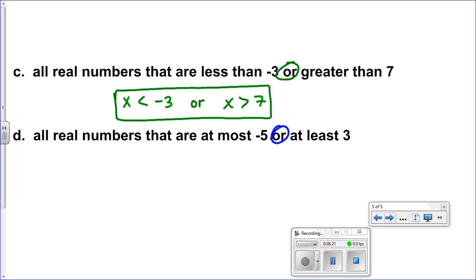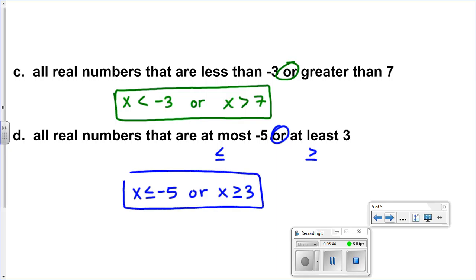Or all real numbers that are at most, remember at most is less than or equal to, or at least is greater than or equal to. So x is less than or equal to -5, or x is greater than or equal to 3. So you have to write x twice for your or compound inequalities.